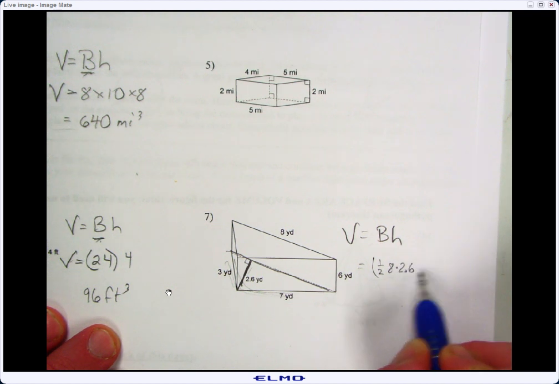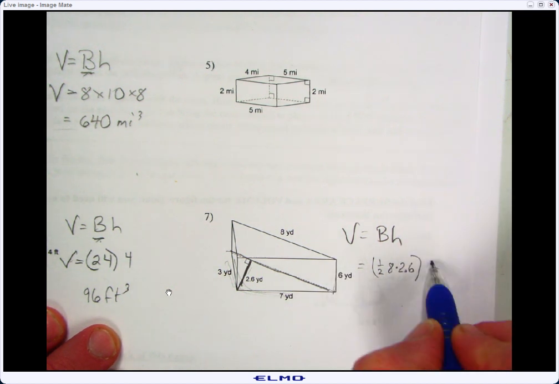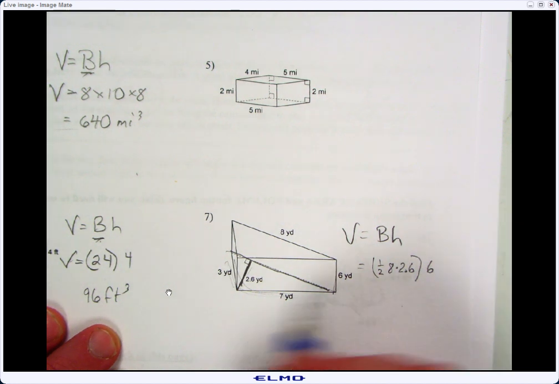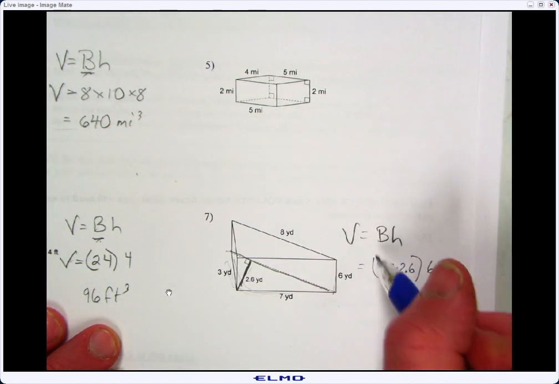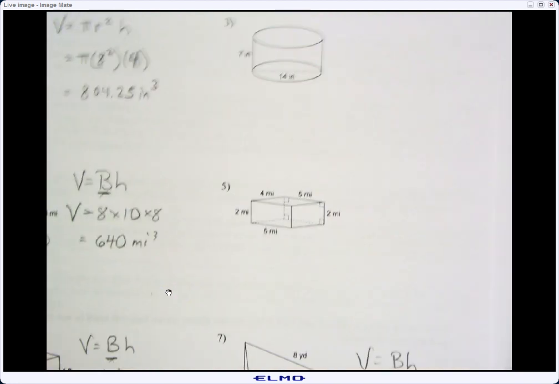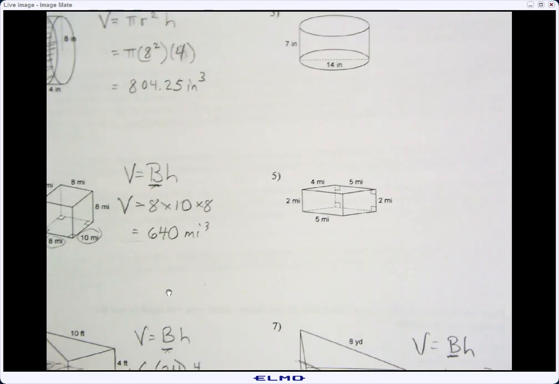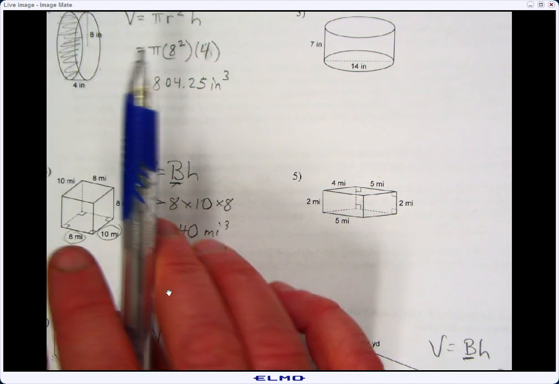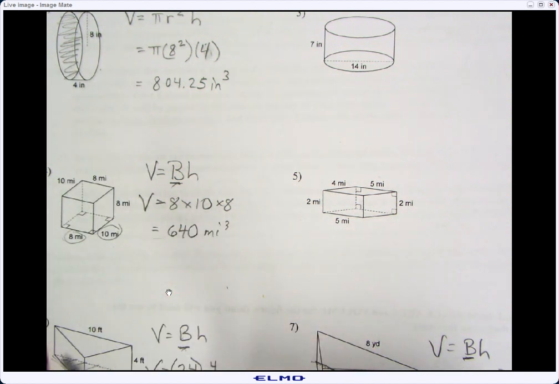That times the overall height. If you notice, we have height showing up more than once. So inside of the base, if there's a triangle, that height's different. It could be the same with a trapezoid. Okay, so we've got cylinder, rectangular prism, triangular prism.